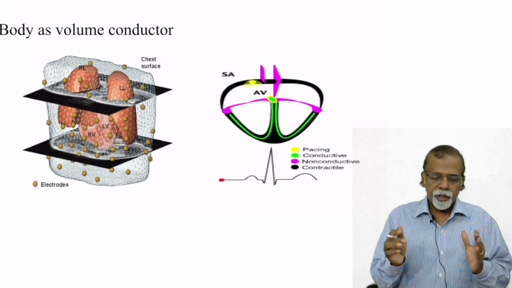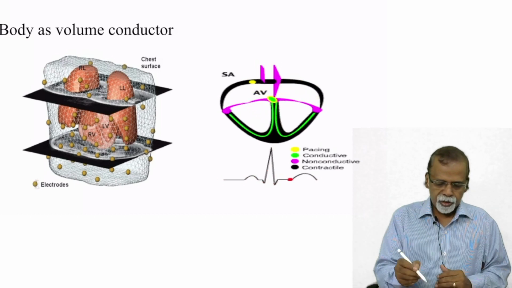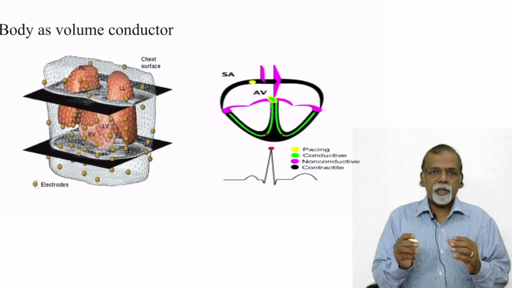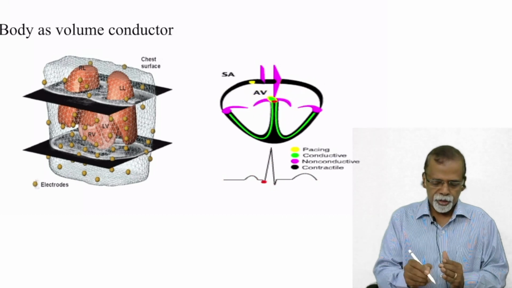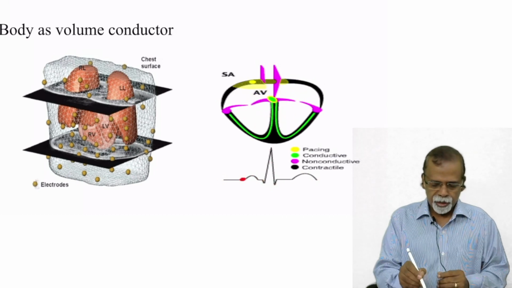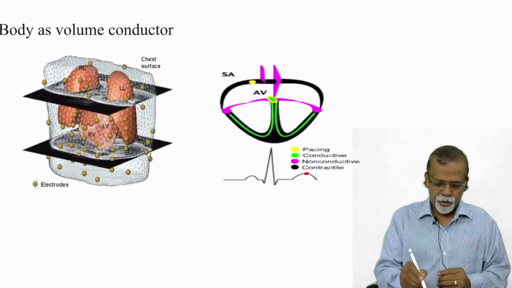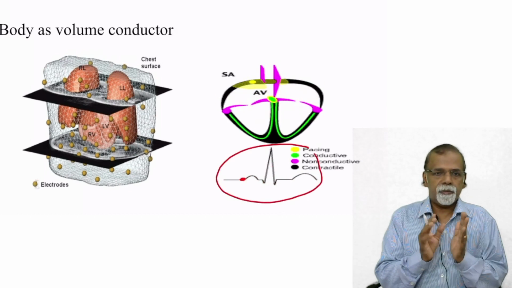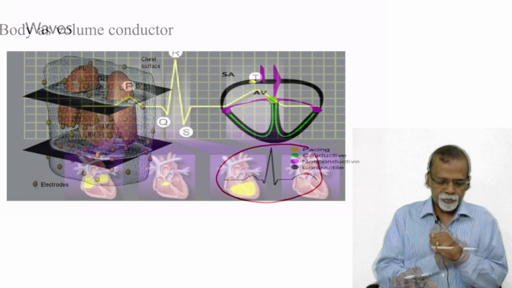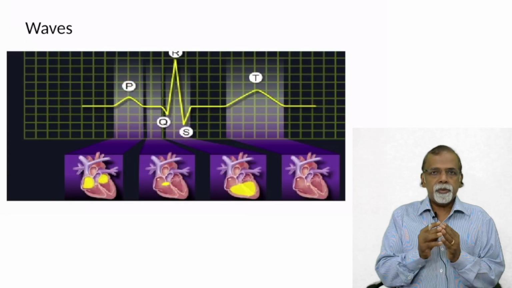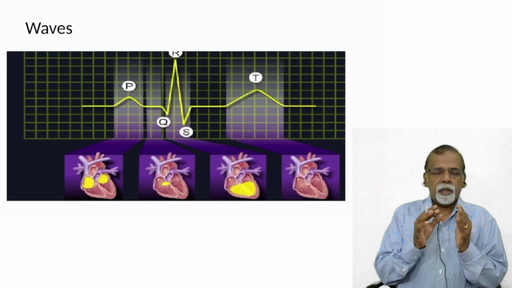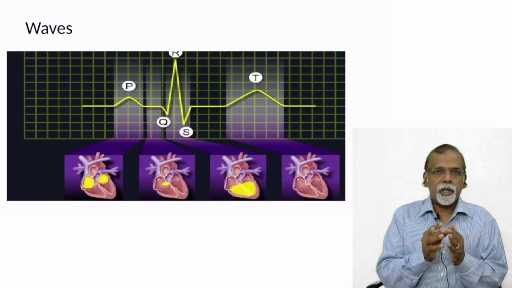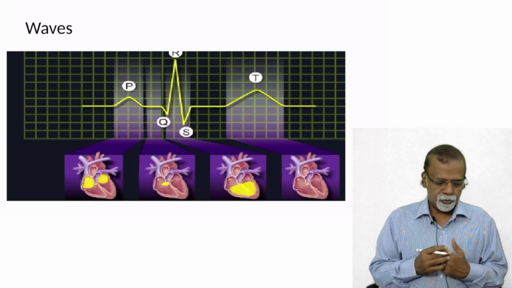And as I have already told, the sum total of the electrical activity produced due to the action potentials forms the electrocardiogram. This is the electrocardiogram. Hope the point is clear. Now we look into how the surface recording, or the electrocardiogram, looks like and how it is formed.